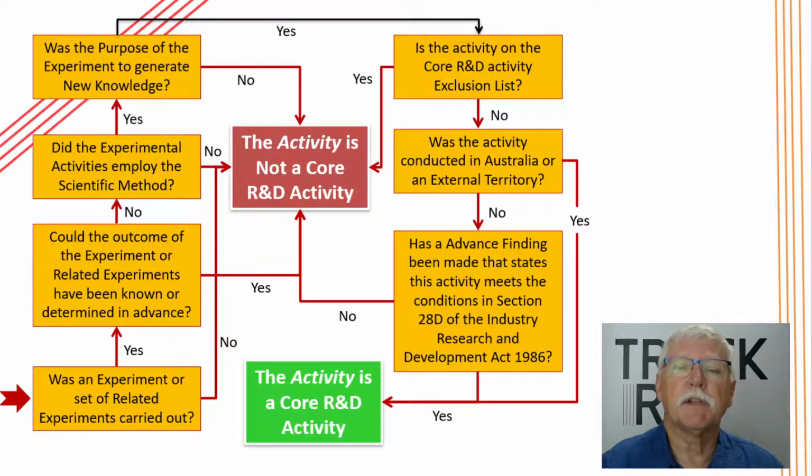Underneath this is a question as to whether the activity was conducted in Australia or overseas. And you may recall from my first presentation a discussion of advanced findings and overseas findings. Thus, if an activity was conducted external to Australia, it is essential that an advance finding be submitted in the year that the activity is undertaken.